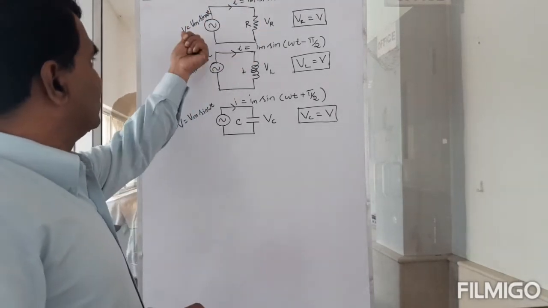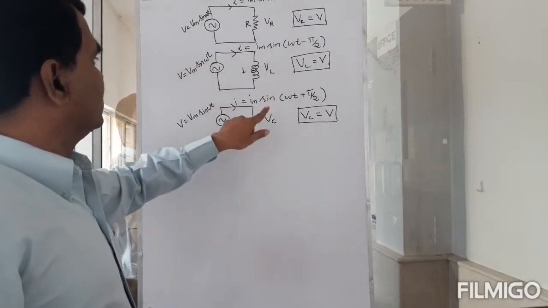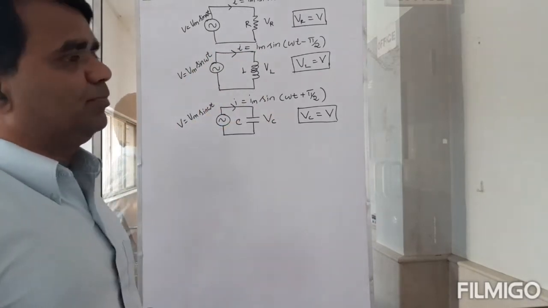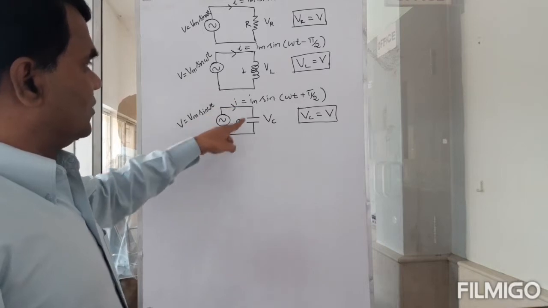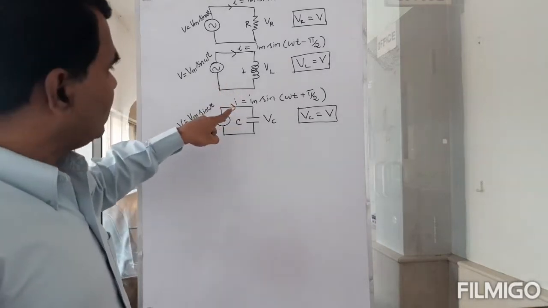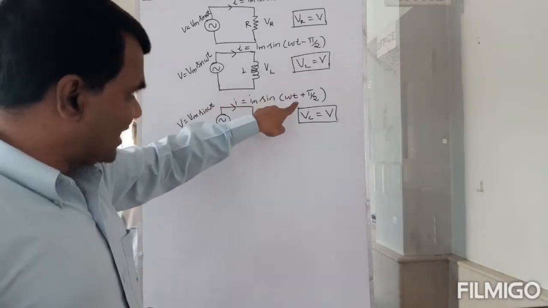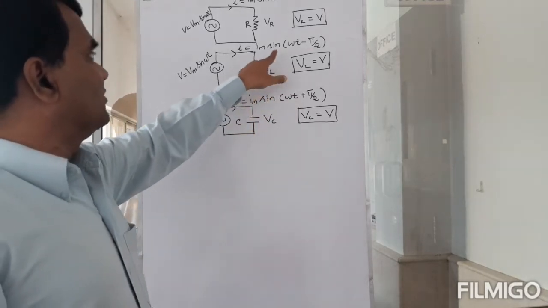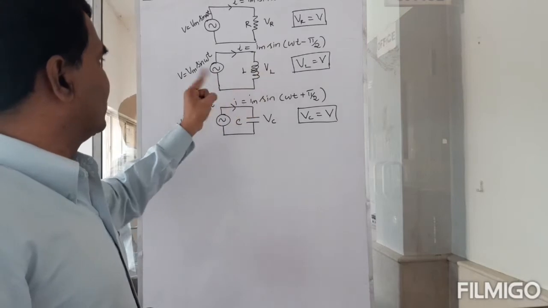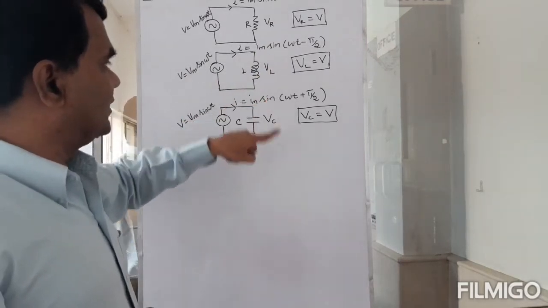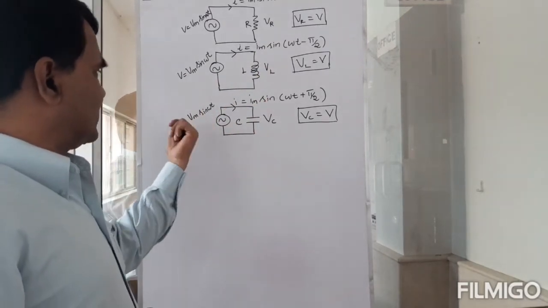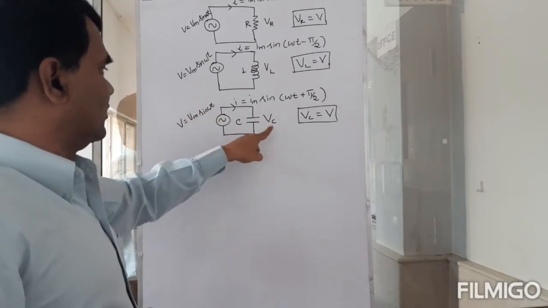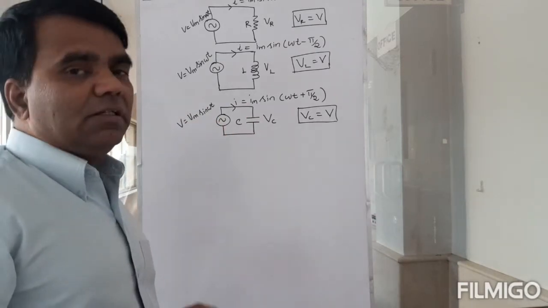So VR must be equal to V, VL must be equal to V, and VC must be equal to V. So when I say the current is lagging the voltage, it is lagging both the voltages VL and V. When I say the current is leading the voltage, then it is leading both the voltages VC and V.